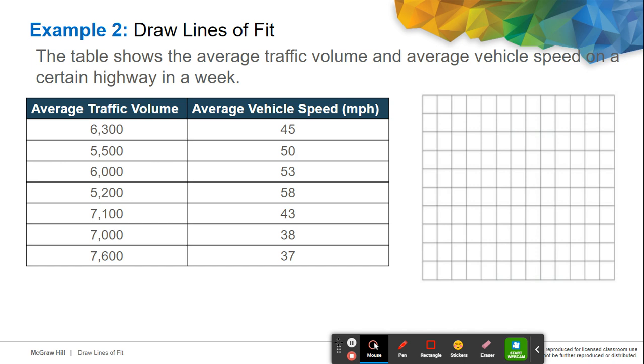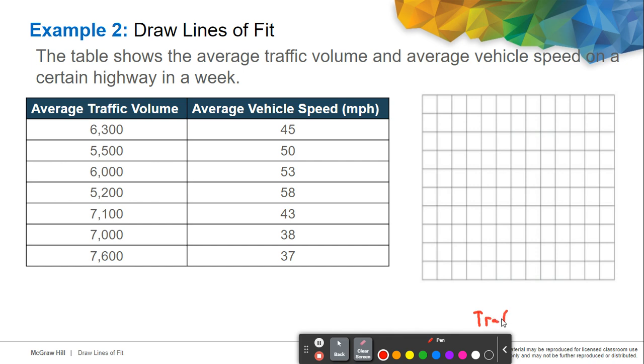For our next example, we have here a table that shows the average traffic volume and average vehicle speed on a certain highway in a week. Okay, so we're going to represent our x-axis as our traffic volume, and our y-axis will be our speed. So this is x, this is y.